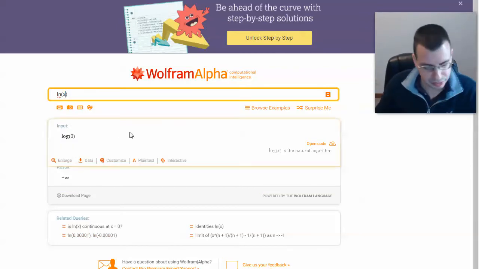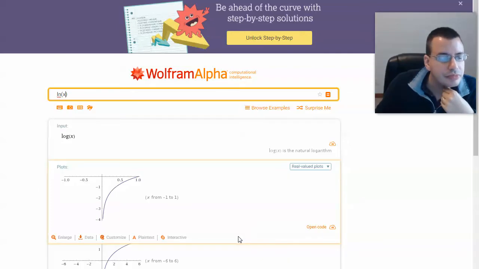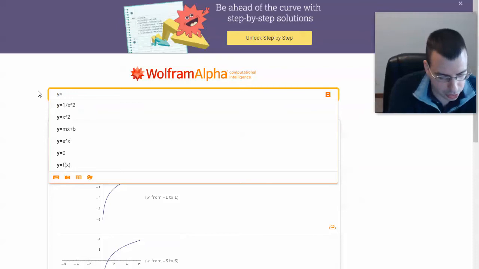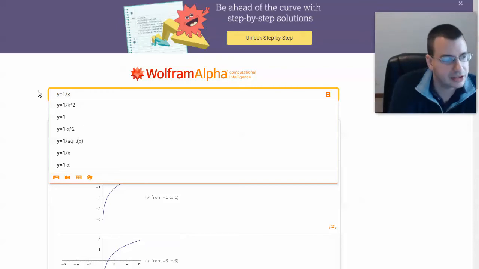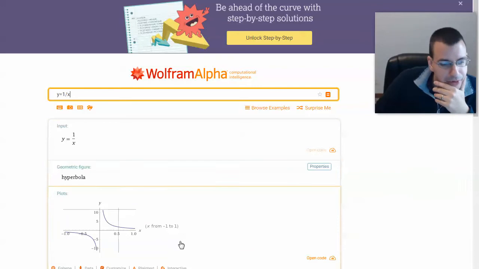I draw natural log, y equals 1 over x. Yep. Okay, I'm good at this.